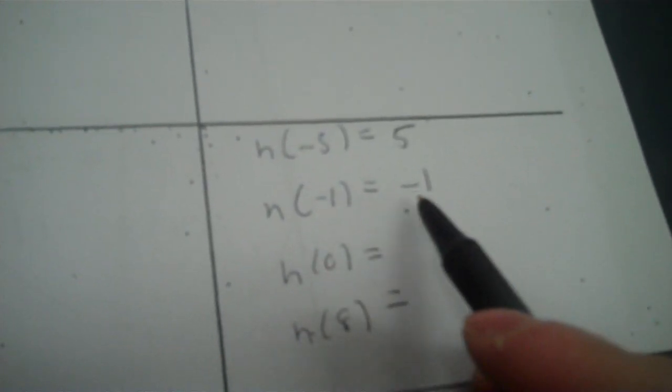You put -3 in for x. So -3 times -3 minus 4 is 5. -3 times -1 minus 4 is -1. So you got the same input as the output.